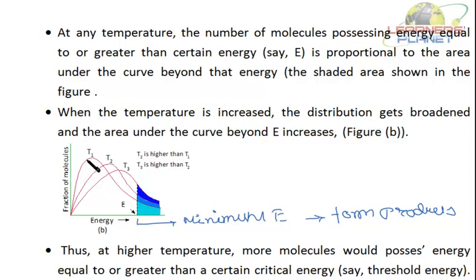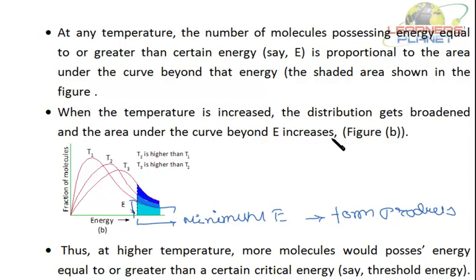Say at temperature T1, this many molecules have the threshold energy. At temperature T2, this many molecules, that is, this has doubled. At temperature T3, this many molecules. When the temperature is increased, the distribution gets broadened and the area under the curve beyond E increases.